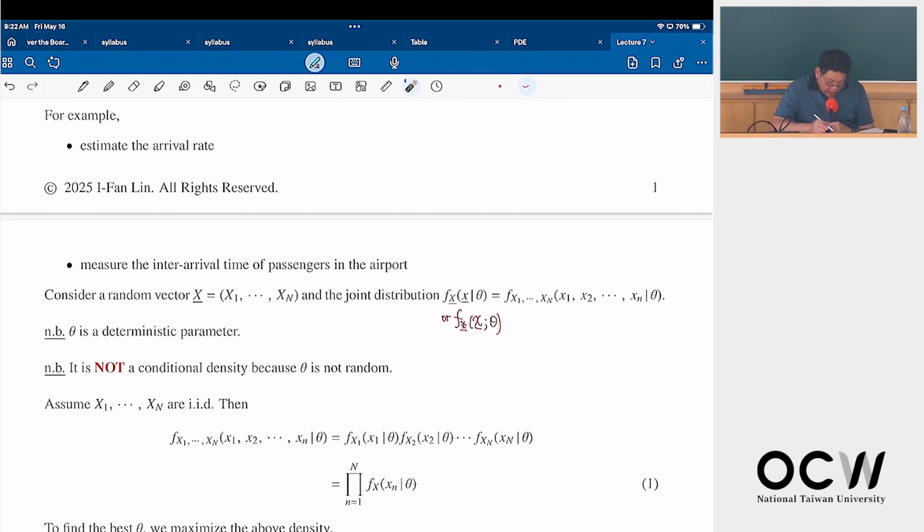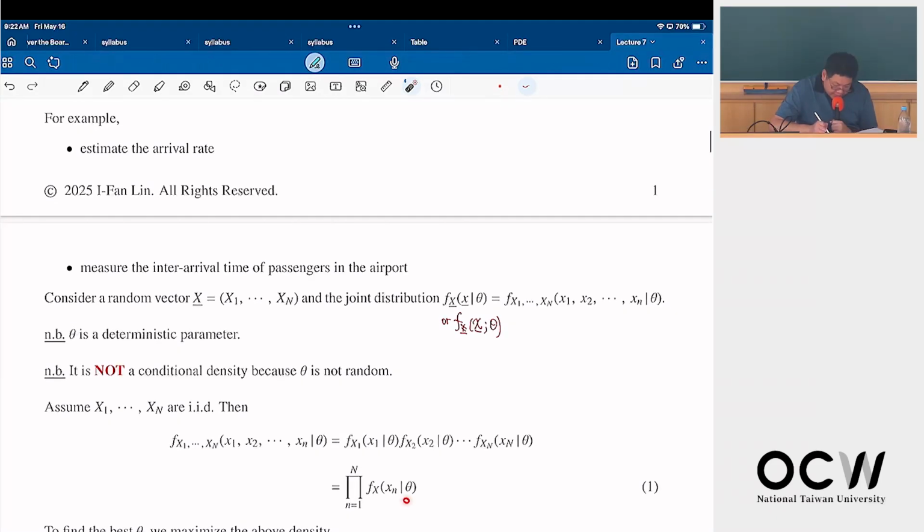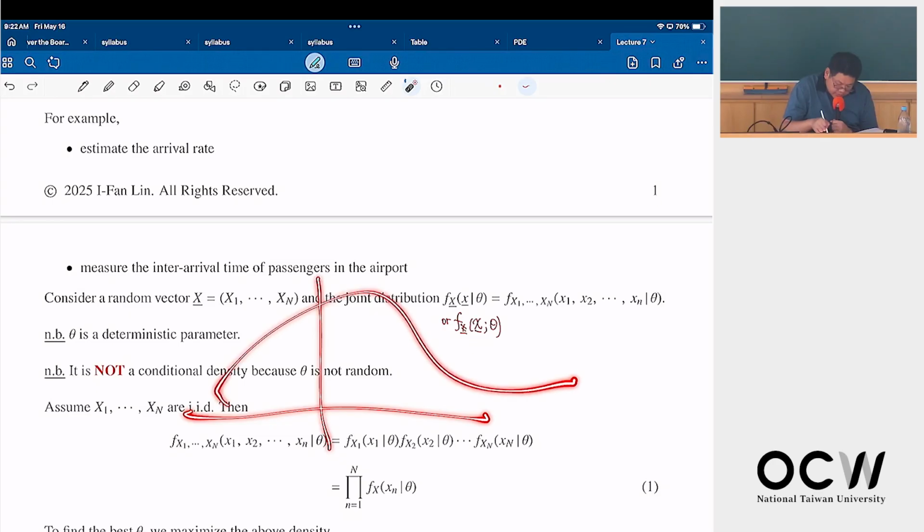How do I find the theta to maximize this density? To find the best theta, we can maximize this above density. Remember that this is still a PDF.